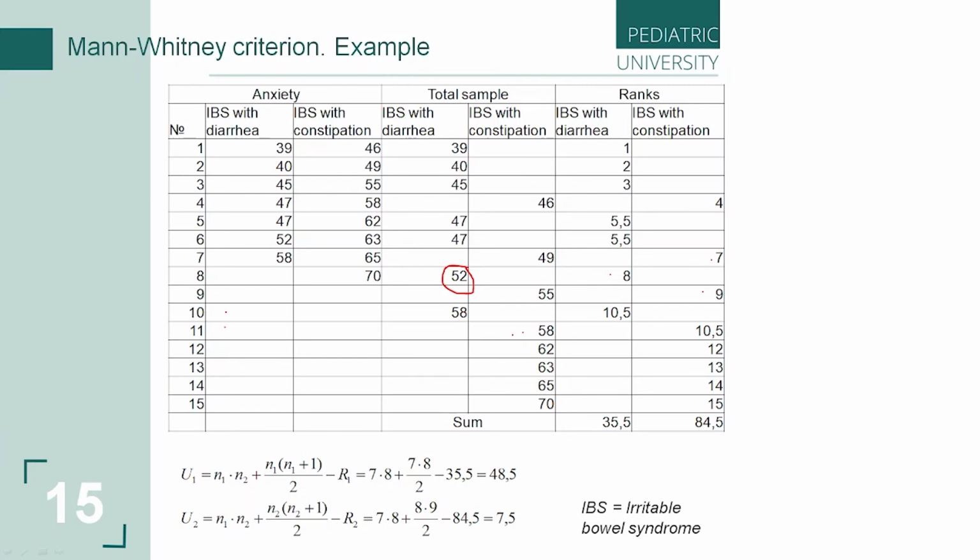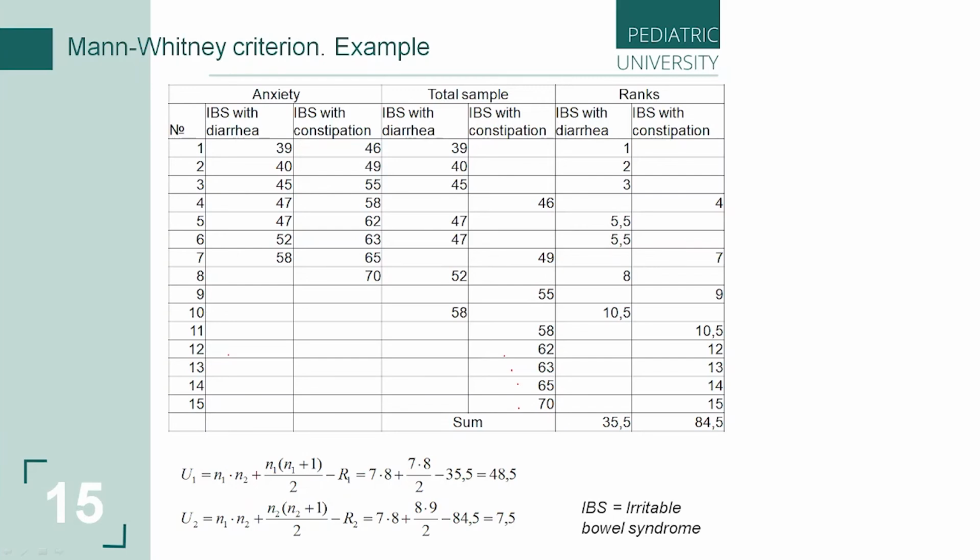They are the same, which means that the rank will be the arithmetic average, equal to 10.5, because 10 plus 11 divided by 2 is 10.5, and 10.5 is the rank for each of these values. Then the ordinal numbers are 12, 13, 14 and 15. We have ranked our total sample.